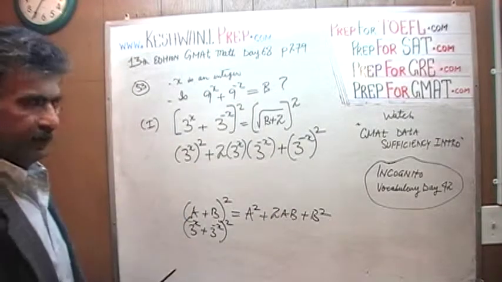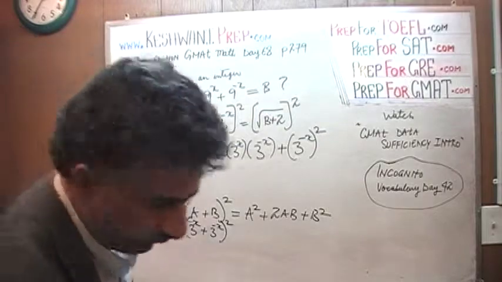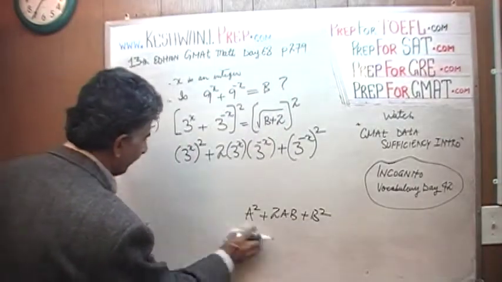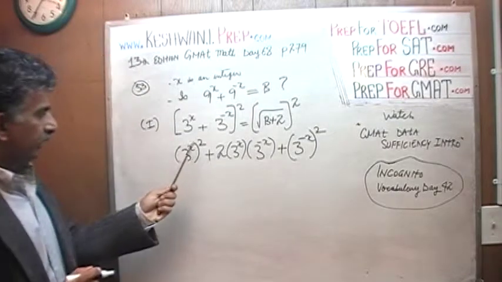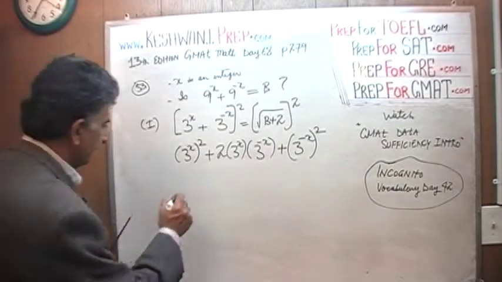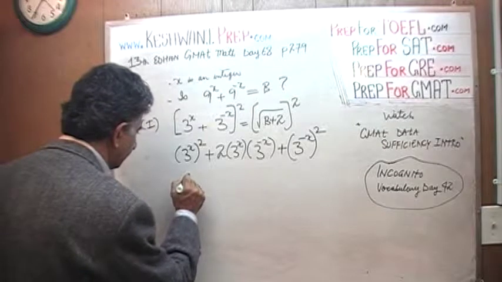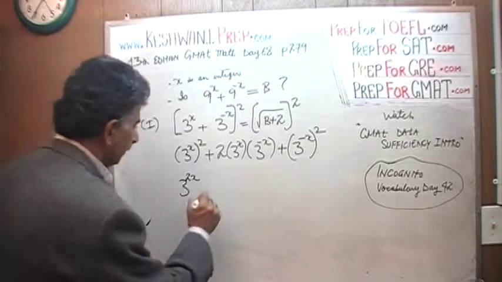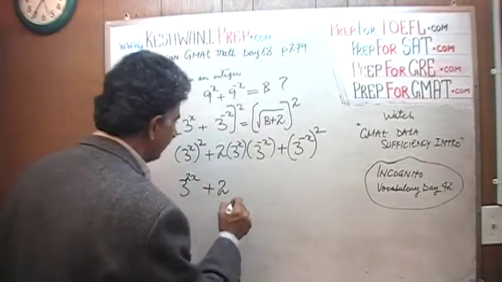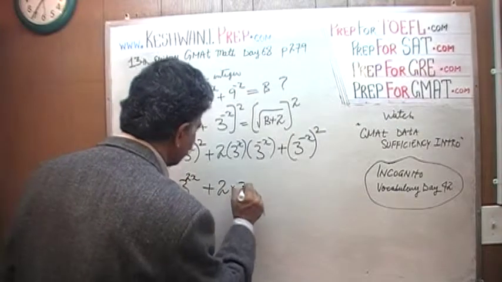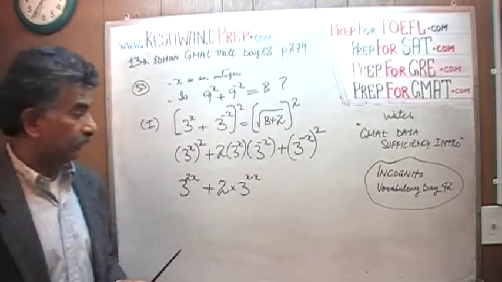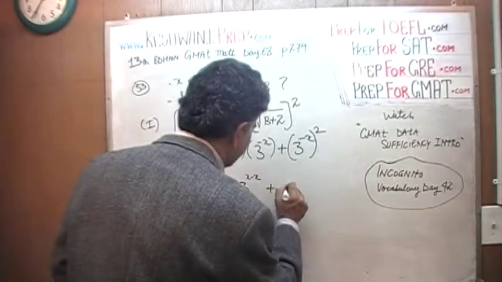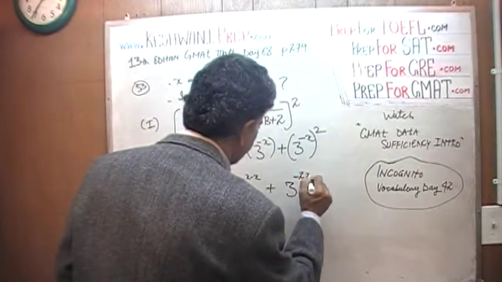We'll worry about the other side in a second. Let's simplify this thing. 3 raised to x squared is 3 raised to 2x, plus 2 times 3 raised to x minus x, and x minus x is 0, plus 3 raised to 2 times negative x.